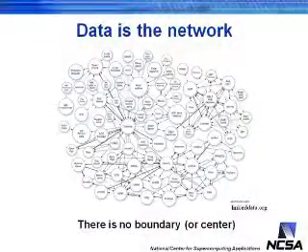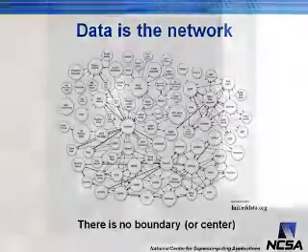Here's my first provocative comment. We heard the phrase, the network is the computer, but I'm going to propose that data is the network. And one of the interesting things about data as a network is that there's no boundary to it. It's not in a repository. You don't go to one repository to find all the data that might be relevant to systems scale science. There's also no center to the network.